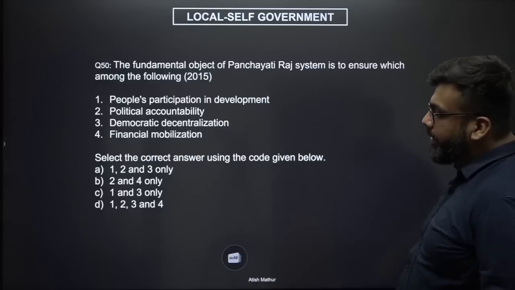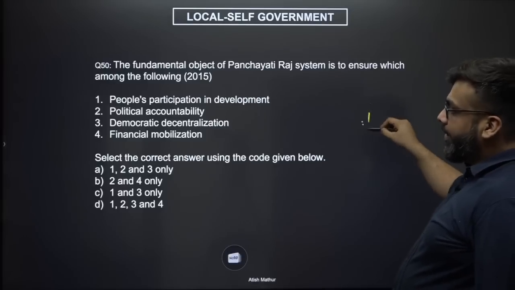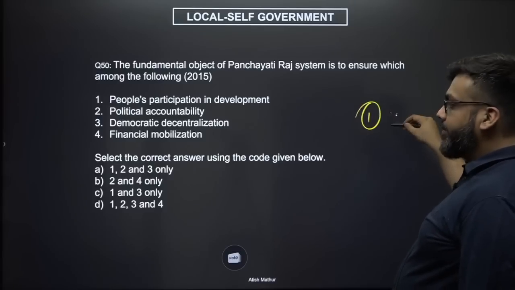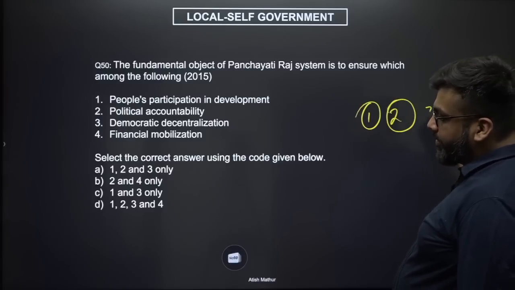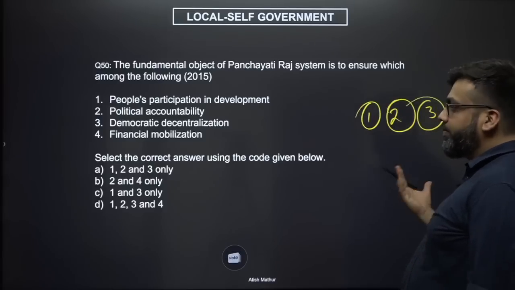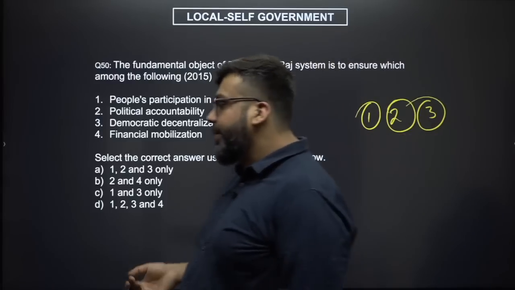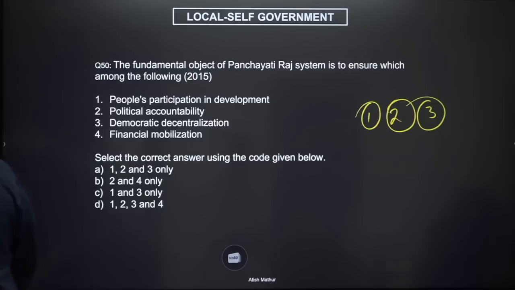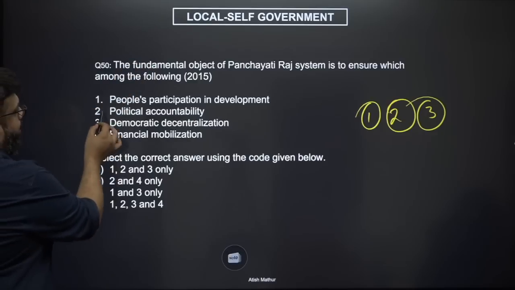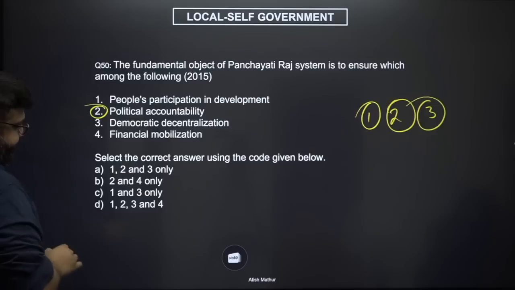Now this becomes difficult because in 3 options we have 1, in 3 options we have 2, and in 3 options we have 3. So it becomes very difficult to apply the option elimination technique on option combos, right? Now let us see political accountability, right?